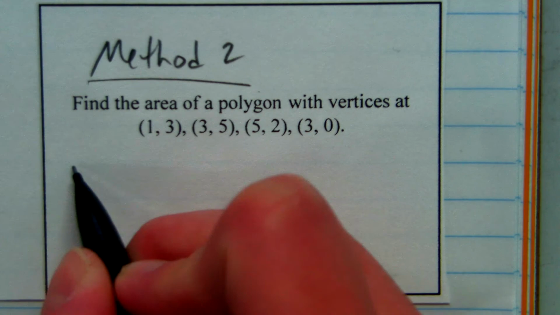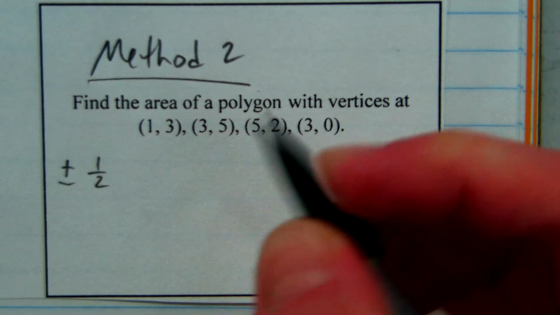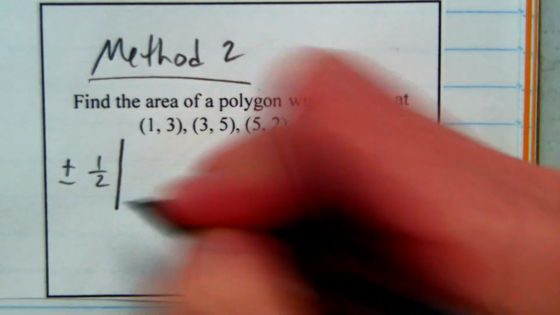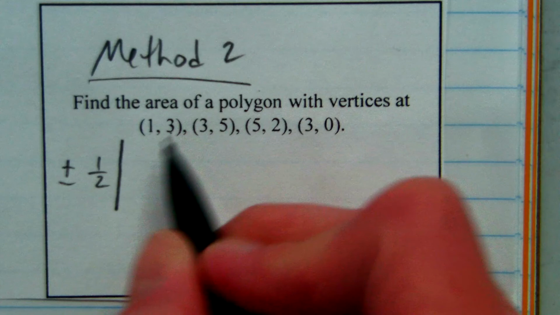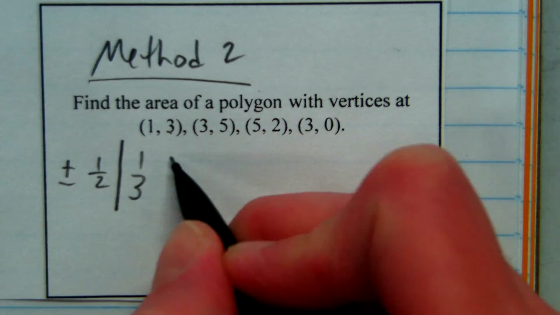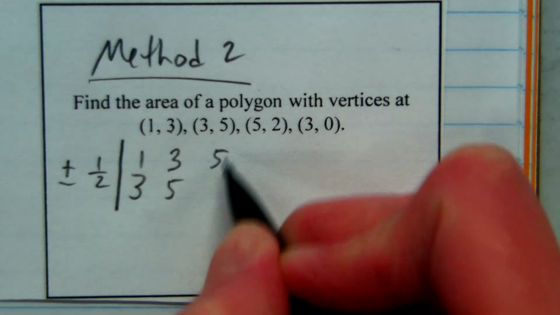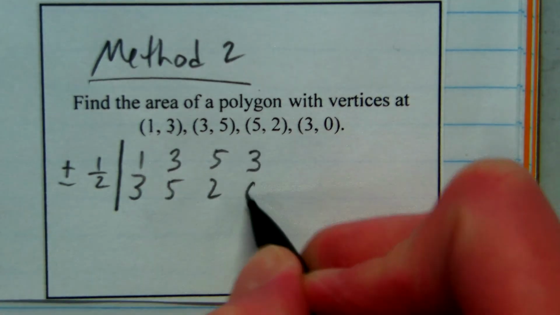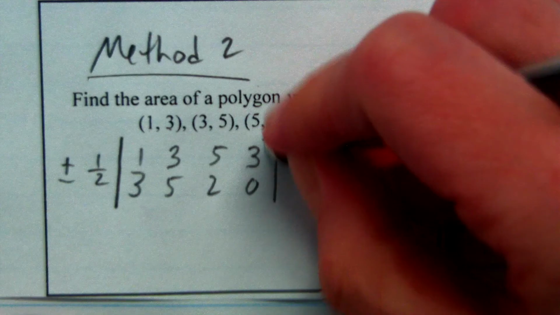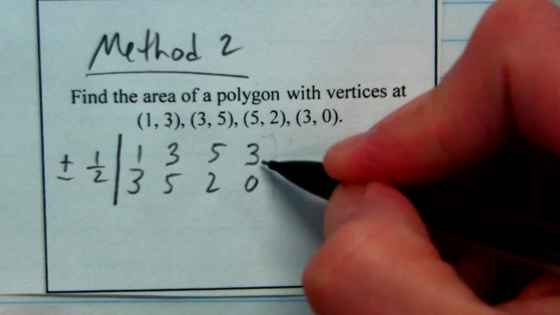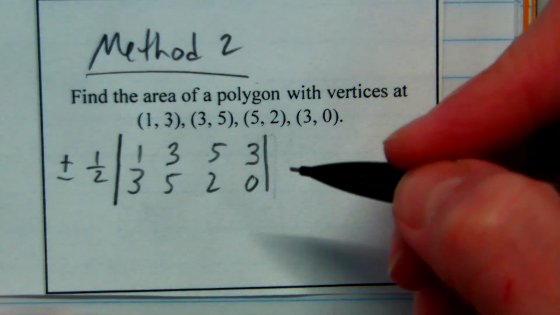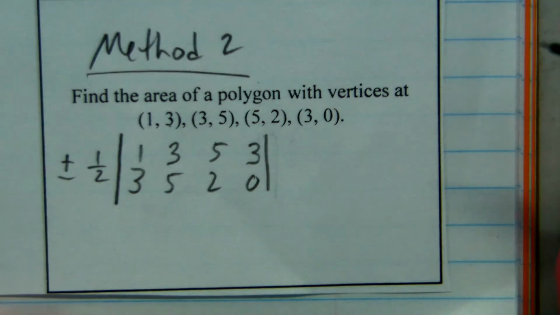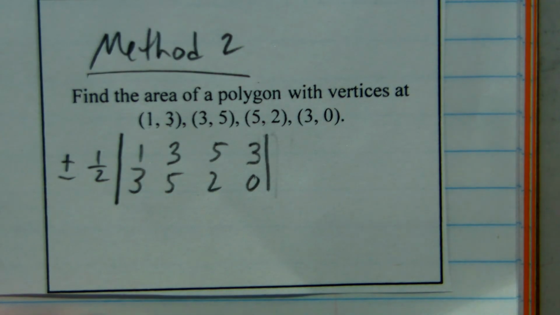And what that is basically a plus or minus half, and then we do the numbers vertically. So we have 1, 3, 3, 5, 5, 2, 3, 0, and it's not a true determinant because this isn't a square matrix, but we do the same math, and you don't have to do extra columns, which is nice.